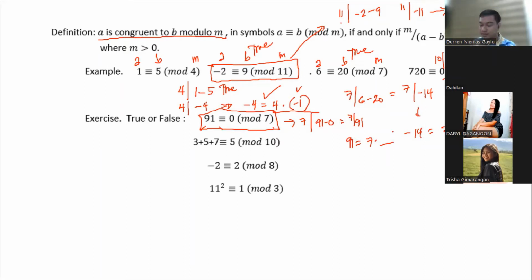Can we divide 91 by 7? It's 13, right? So therefore it's true, because we can find an integer that satisfies this. How about the second one? 3 plus 5 plus 7 is congruent to 5 modulo 10. Is this true or false?